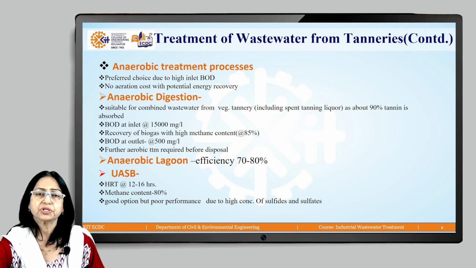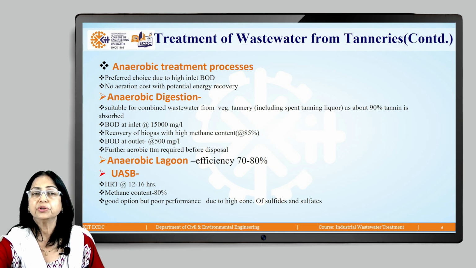Yet another option is use of UASB, upflow anaerobic sludge blanket, with short duration 12 to 16 hours. This also can yield biogas with a methane content of 80%.